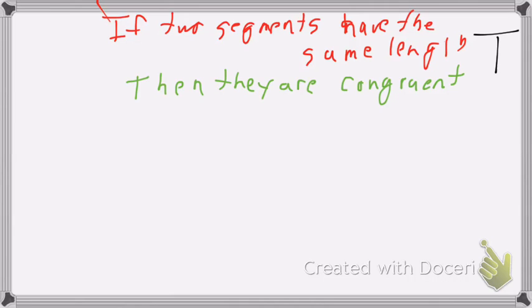So now what we want to do is write our converse. Now remember, the converse is what happens when we flip the conclusion and the hypothesis.